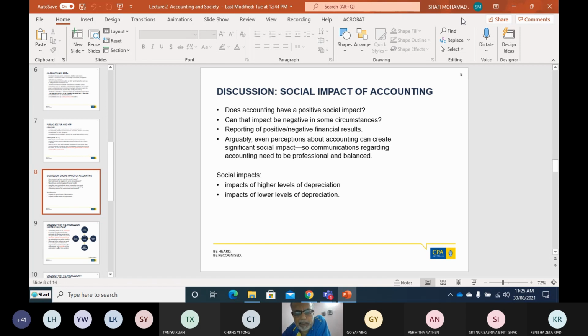They try to minimize it, because they can see the impact on the public, social impact. So that's why the first two bullet points are asking about the impact. Is it positive all the time? Or in some cases, could it be negative? So that's why you have a question mark at the end. Okay, social impact. So let's look at some examples so that you can understand this concept of social impact.